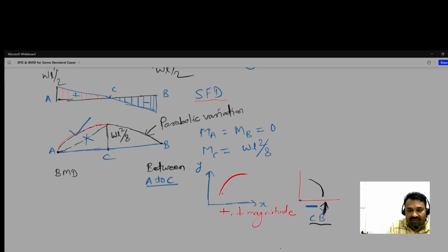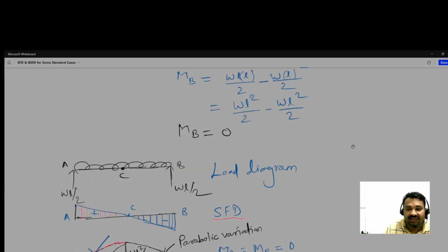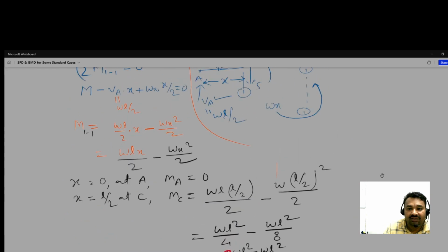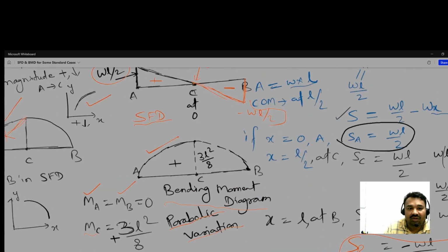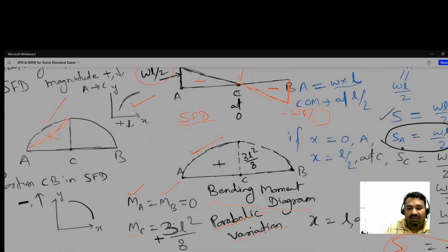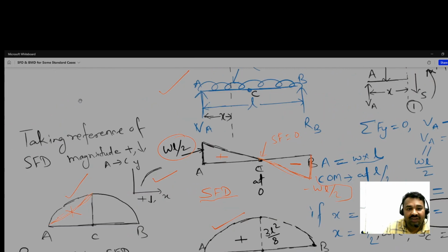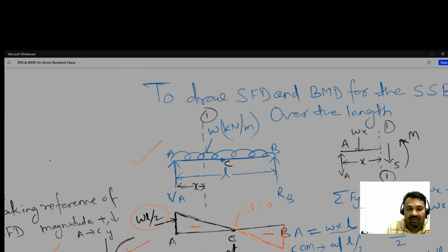So in this way we have done it. To summarize, what we wanted to know is about a simply supported beam loaded with UDL. What will be our shear force diagram and bending moment diagram?